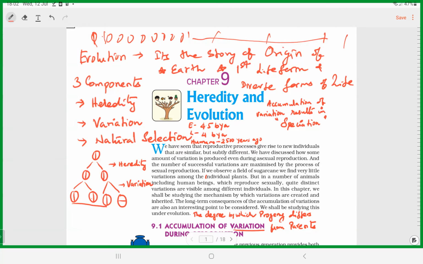There is one concept in evolution that you study in your higher classes. You know it also. Lamarck, a person called Jean-Baptiste Lamarck. One of his postulates is use it or lose it. Means what? If you suppress your reproductive efficiency, you're going to lose it.